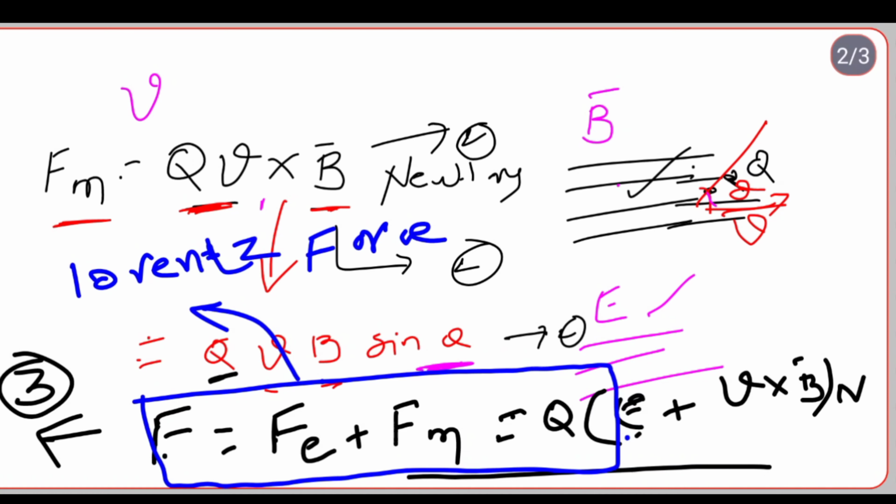If the mass of the charge is m, then we can write F equal to ma. If the charge is an electron, m is the mass of the electron. F equals ma, that is m into acceleration, m into dv by dt.